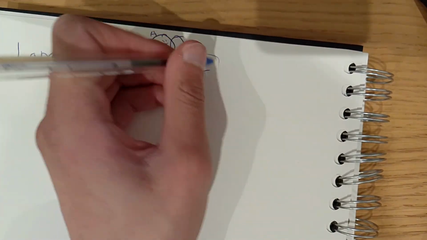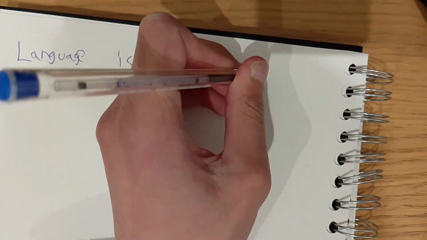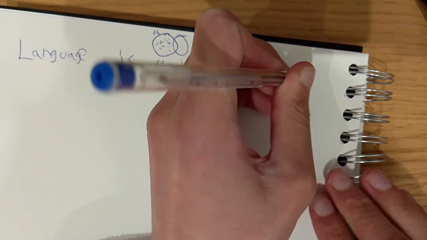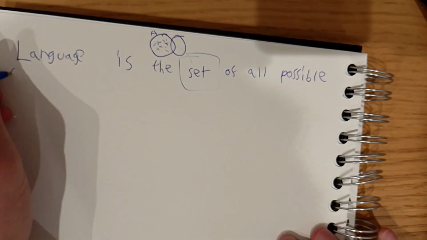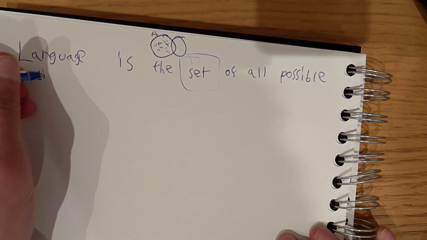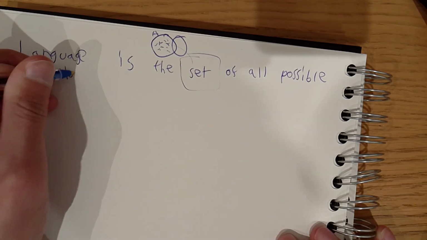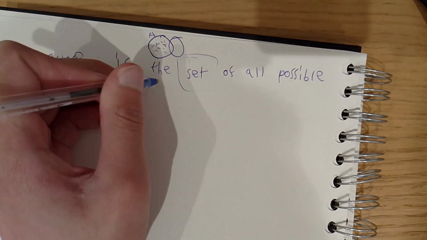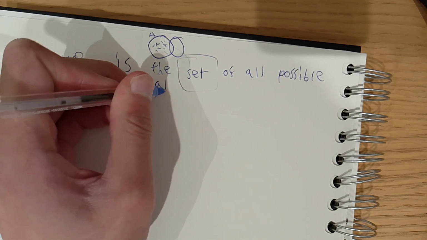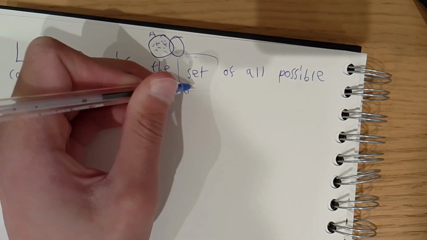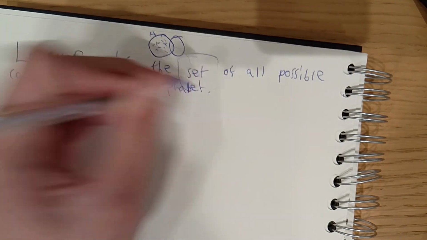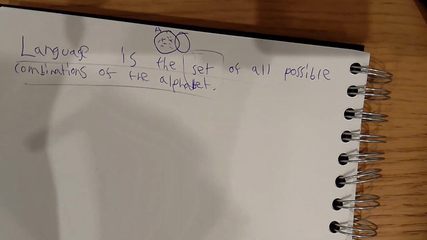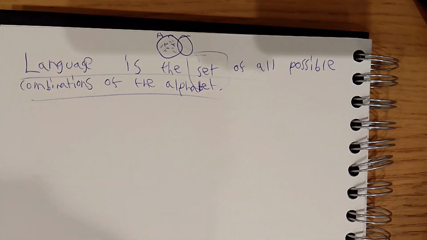A set of all possible combinations of the alphabet. That's what the literal definition means.